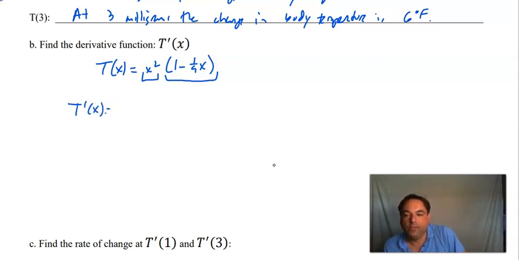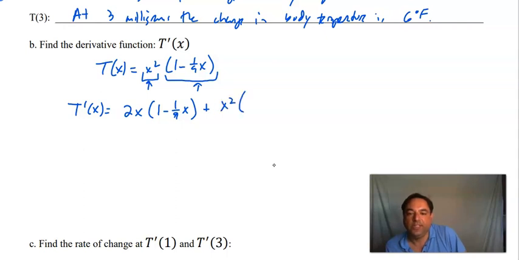Remember product rule: derivative of the first one, so the derivative of x squared is 2x, times the original second one, 1 minus 1/9 x, plus the original first one times the derivative of the second one. Derivative of 1 is 0, derivative of negative 1/9 x is negative 1/9. And again, let's clean it up before we start plugging things in and possibly making more errors. Just be careful plugging it all in.